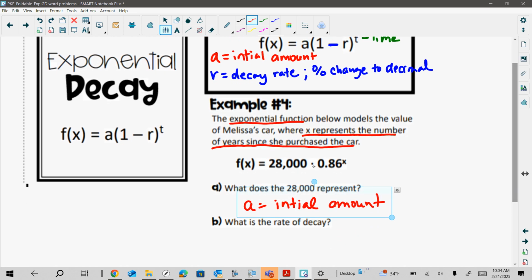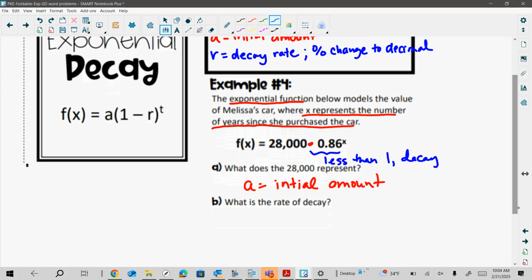Because that initial amount is getting multiplied by this base, and the minute I see that it's less than 1, I know it's going to be a decay. And to get a rate of decay, your R, that part of the formula is 1 minus R. So our 1 minus R is going to equal that decimal 0.86.